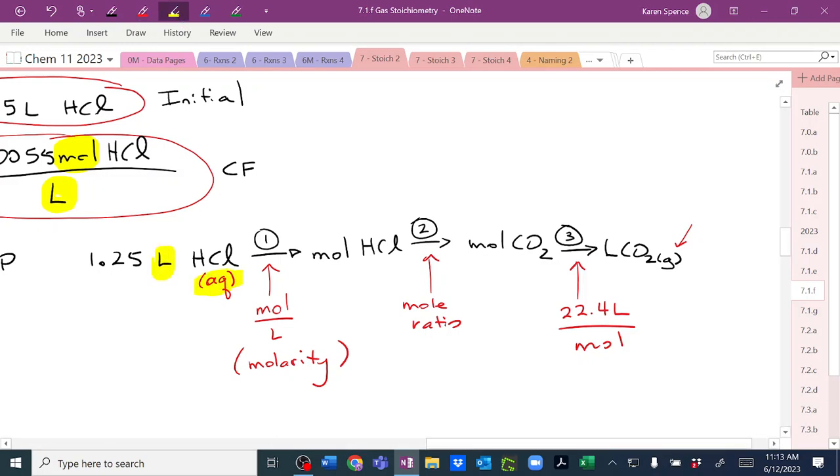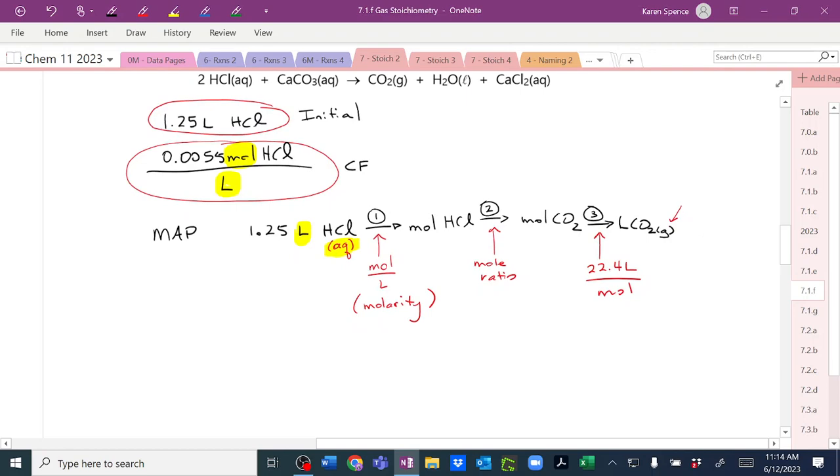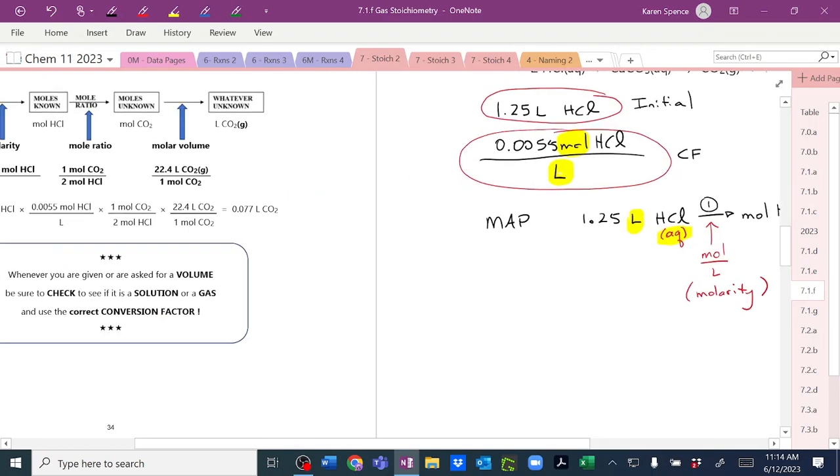So what I'm going to suggest to you is when you see liters, you make sure you write down if it's aqueous or if it is gas. When you're making your map, or even if you're just doing it as a conversion string, write down whether it's aqueous or a gas, and that will help you not use the wrong conversion factor. And we would do this calculation.